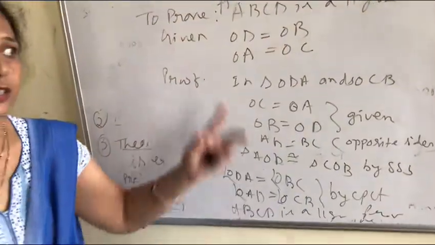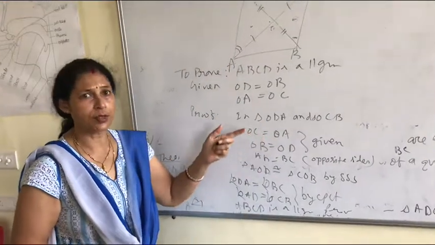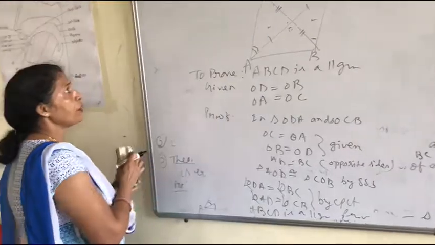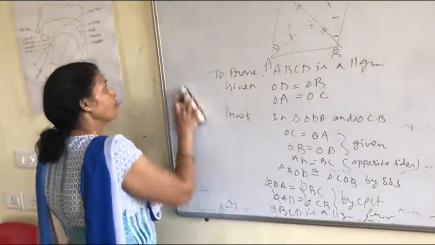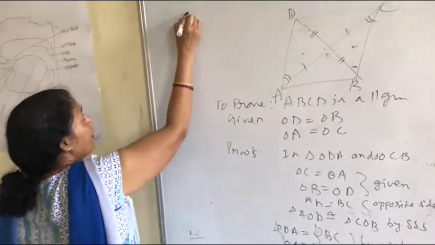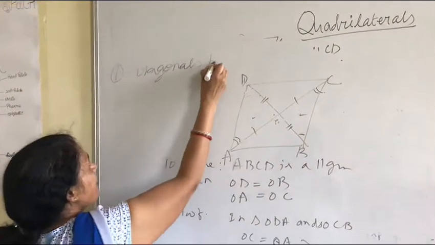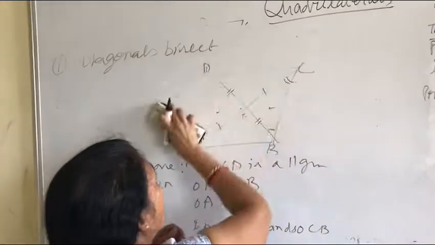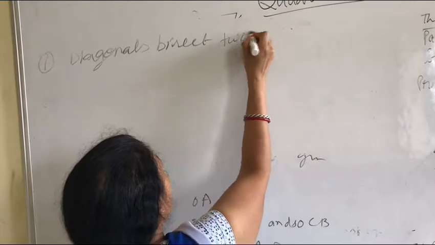Clear? These are all the 7 theorems of your chapter, properties of a parallelogram. Again I repeat, what are the properties? Property number 1: the diagonal bisects the parallelogram into two congruent triangles.